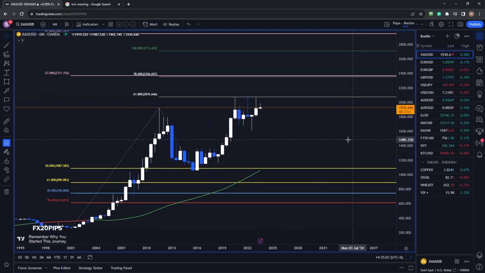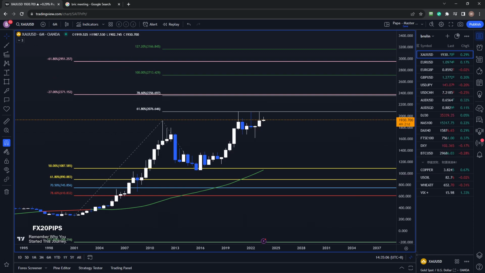Very interesting: 0.1, 0.2, 0.3, and the extension shows that it is currently stuck at this level. You can see 1 attempt, 2 attempts, and 3 attempts trying to break this level. Now we can see that there are 2 fib levels around here, so this will become a very strong resistance if the price breaks here and reaches here. That's something to take note of.